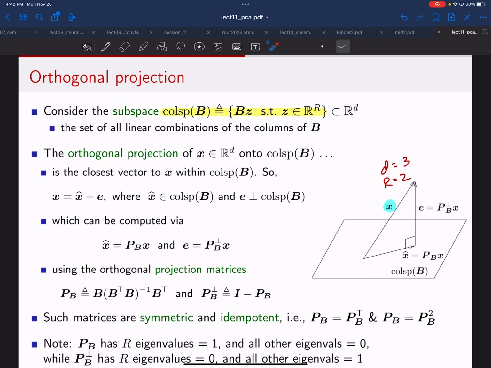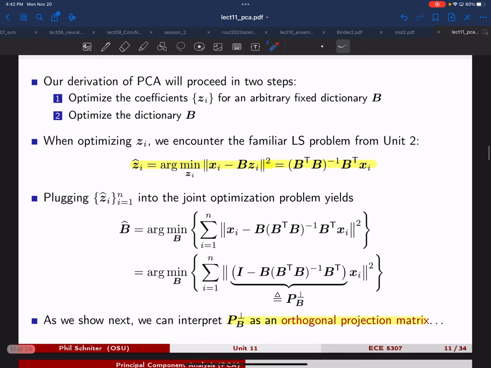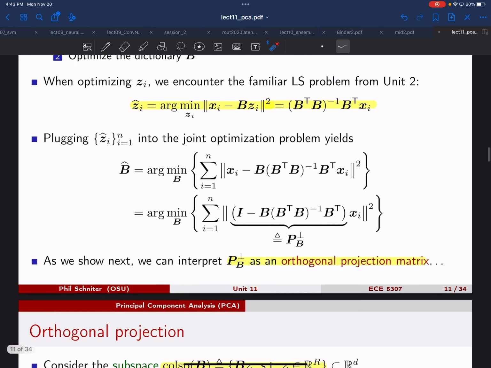Have you seen this orthogonal projection? In fact, we solved this problem here. This is like saying someone gives us B, and we want to design z so that Bz is as close as possible to x in the sense of Euclidean norm. In this case, B was just given to us, right? So B is defining the plane, and now we're asking, what's the closest point in the plane?